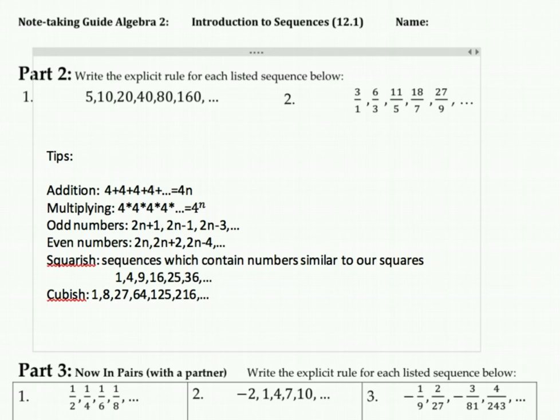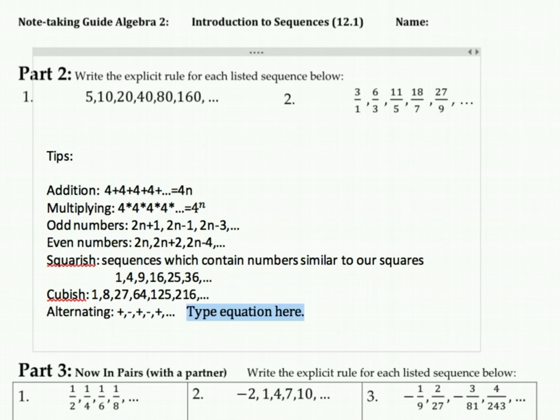And the last kind of sequence type you might need for our assignment is a sequence that's alternating. In other words, something that goes from plus to minus to plus to minus to plus, etc. There's a few ways to achieve alternating terms in sequences. I'm just going to give you a couple of those.